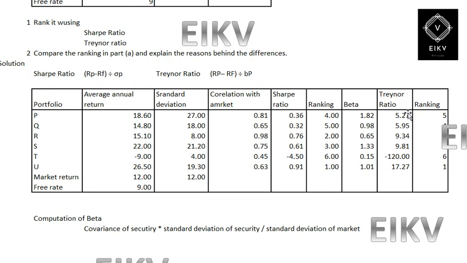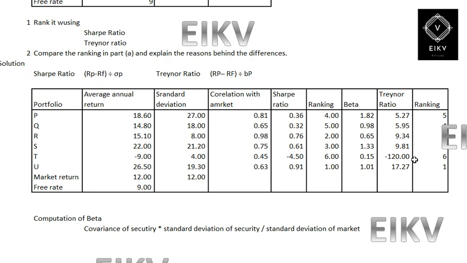And then we have the Treynor ratio. So the Treynor ratio will be RP minus RF, which is 18.6 minus 9 divided by beta. Beta, as we computed, would be 1.82, which will give you 5.27. In the same way, the second one it would be 18.8 minus 9 divided by the beta of 0.98 will give you 5.96.